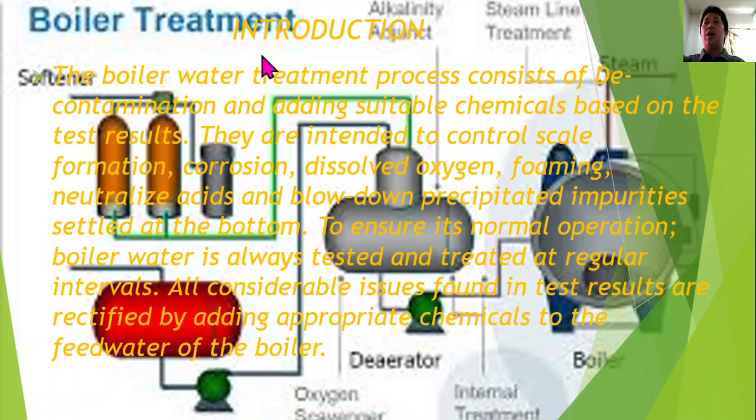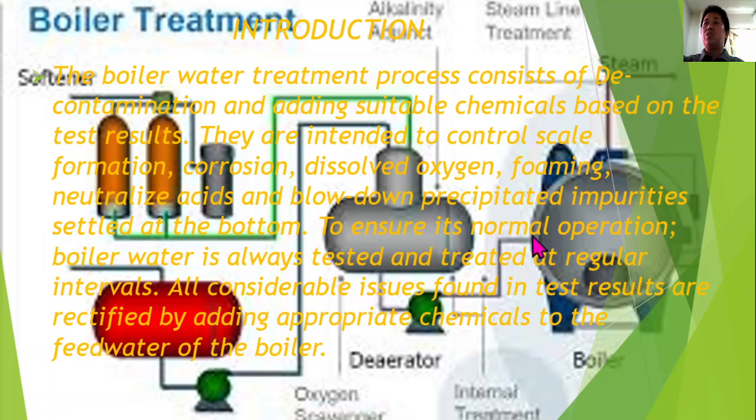We have here the introduction. The boiler water treatment process consists of decontamination and adding suitable chemicals based on the test results. They are intended to control scale formation, corrosion, dissolved oxygen, and foaming, neutralize acids, and blow down precipitated impurities settled at the bottom.